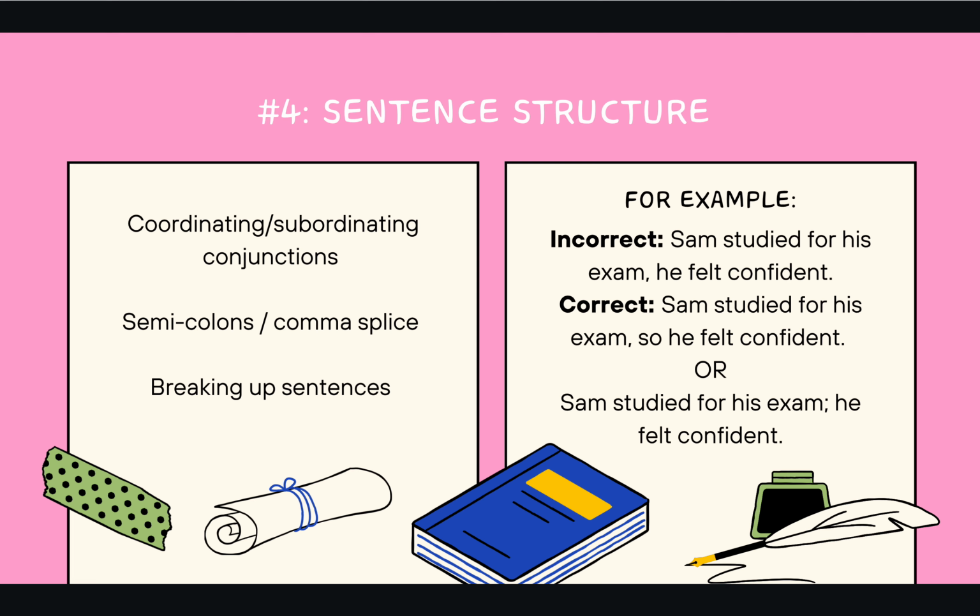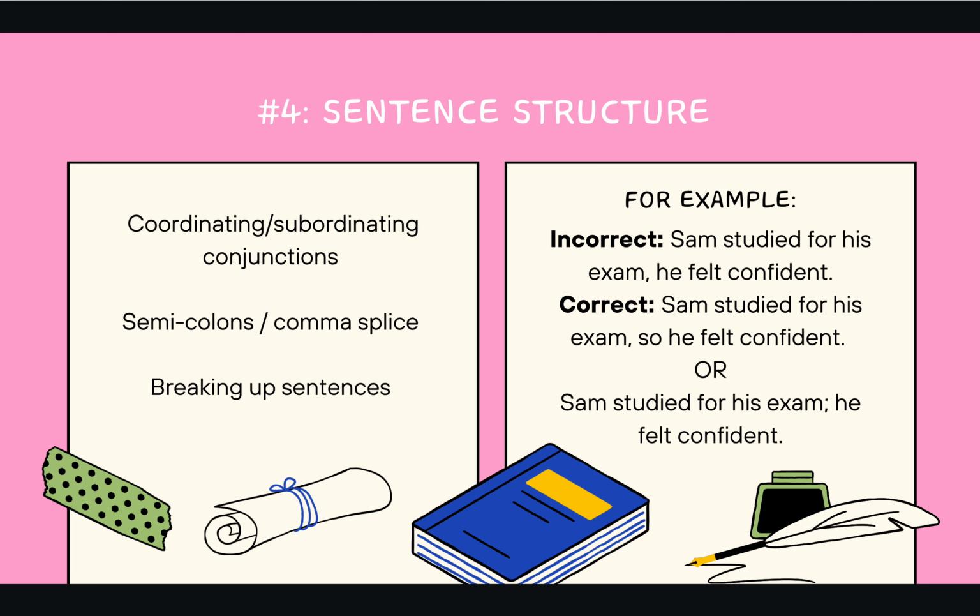So we have this example here that says, Sam studied for his exam, comma, he felt confident. Those are two independent sentences, right? Like they can each stand on their own. So some ways we could change it is by adding the coordinating conjunction with a comma. So Sam studied for his exam, comma, so he felt confident, right? That's connecting them. Or we can use a semicolon.